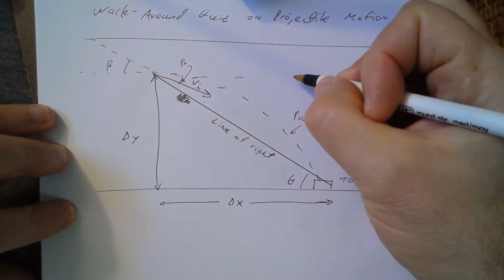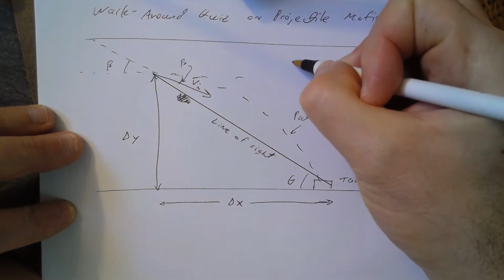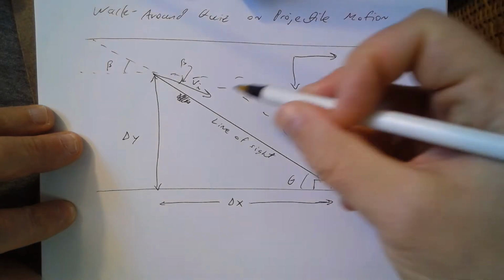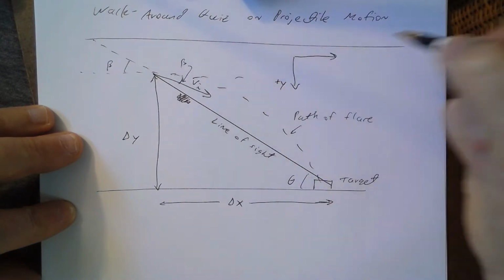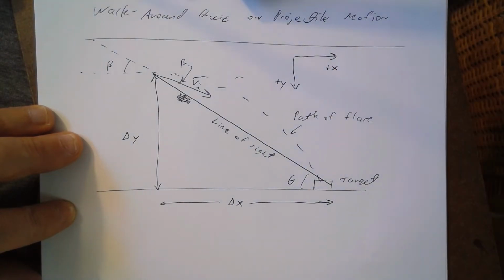I'm going to add a couple more things to the diagram. I'm going to make my positive directions, and this time, just because the motion is downward, I'm going to simplify my knowns. I'm going to make my positive y direction down. I'm going to make my positive x direction to the right. I'm going to add the initial velocity in this direction.